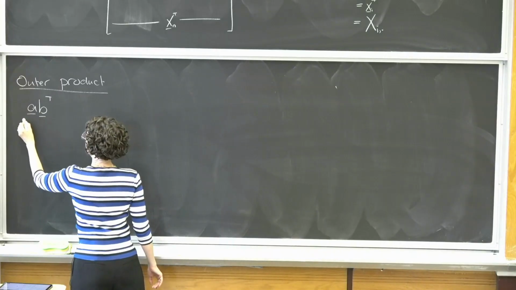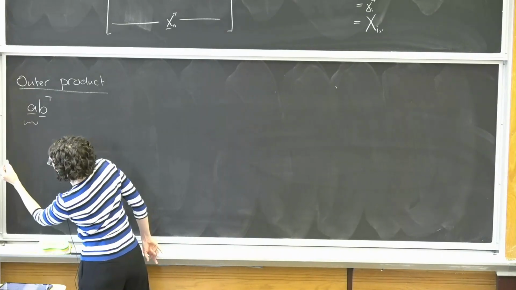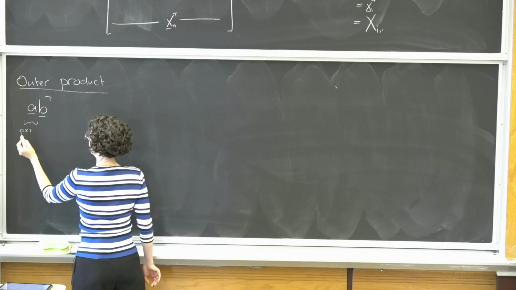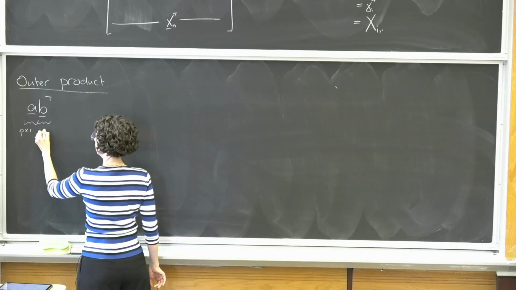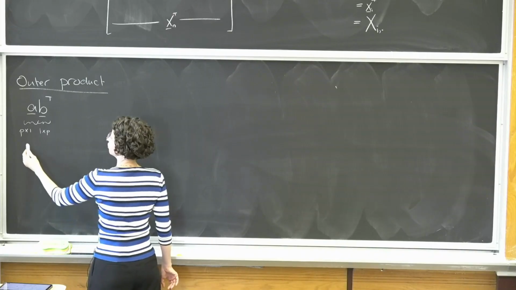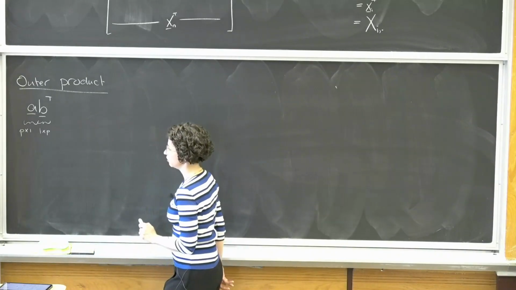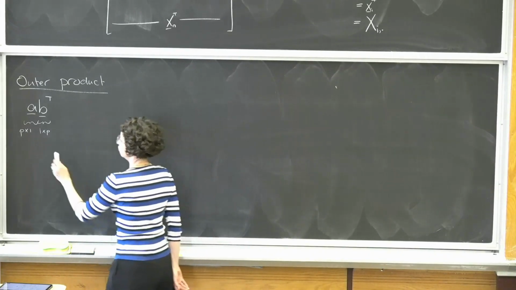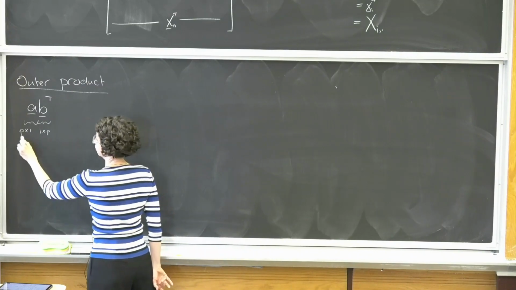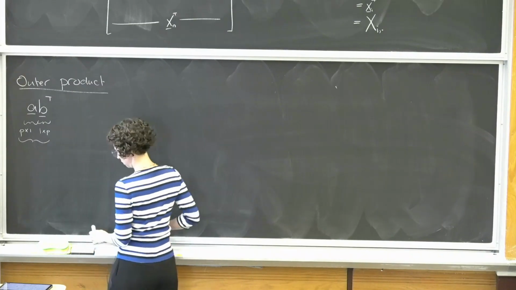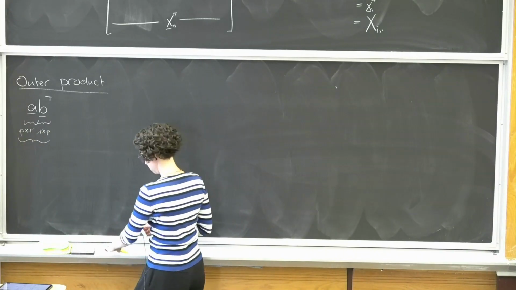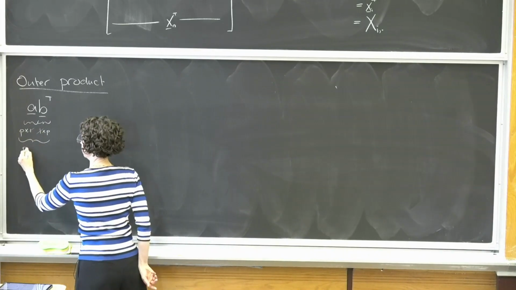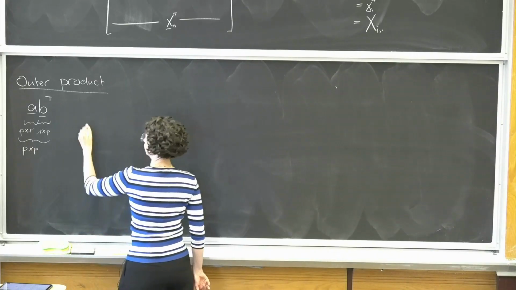So remember, A now is, in this case, P by 1, and B transpose is 1 by P. And so what happens when we multiply these together is that the inner dimensions are going to cancel out, and the result is going to be a P by P matrix.